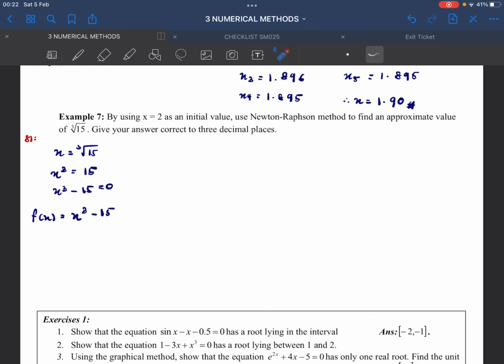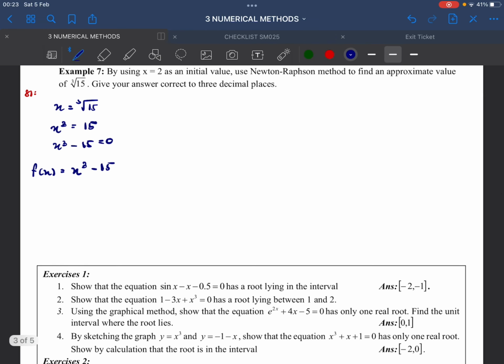So remember, if you have an approximate value like this, just let x equals to that value. The first step also asks us to find our f prime x, which is 3x squared here. The second step is the initial value, which is x0 equals to 2. Now we are going to write the Newton-Raphson formula.